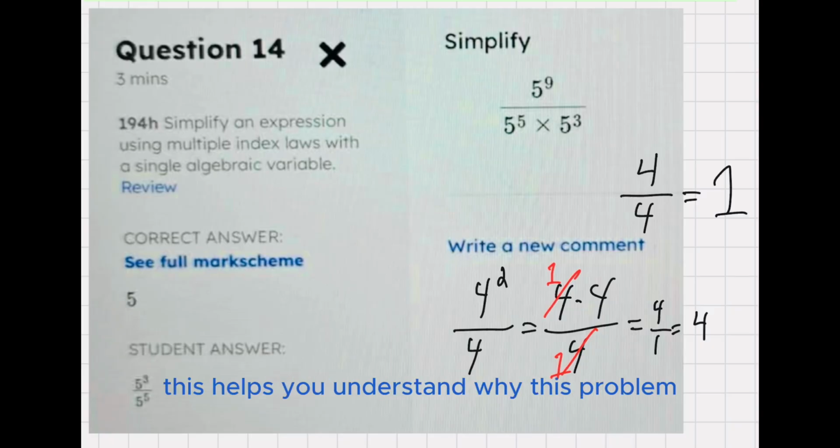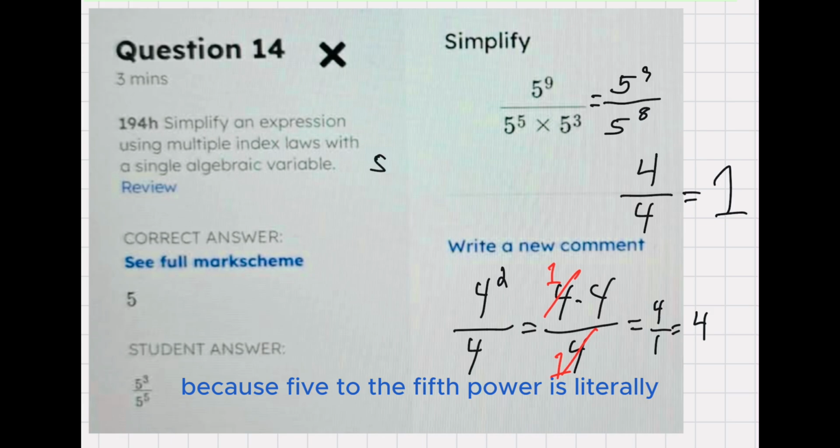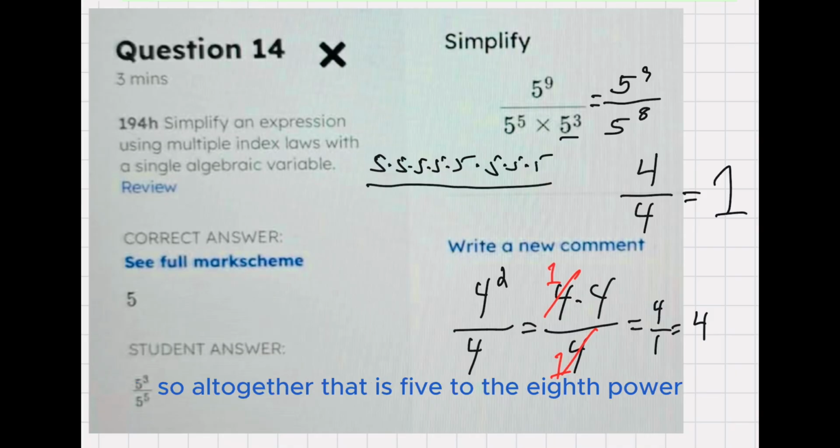Now this helps you understand why this problem is equivalent to 5 to the 9th power divided by 5 to the 8th power, because 5 to the 5th power is literally 5 times itself 5 times, and then 5 to the 3rd power is 3 more 5s. So altogether, that is 5 to the 8th power.